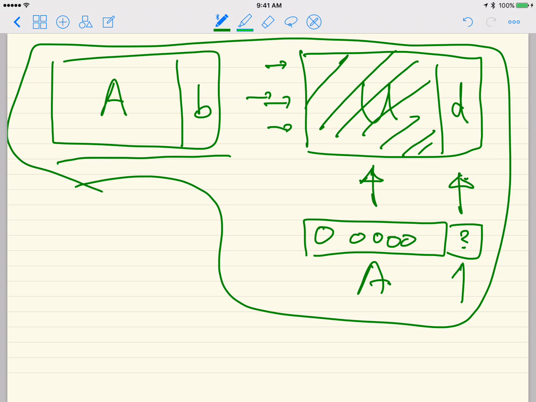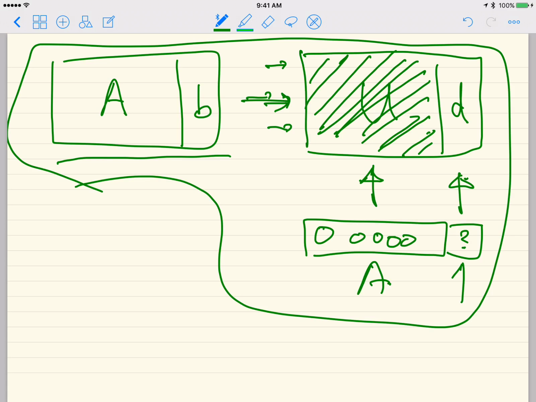So we can form this kind of augmented matrix, and then let's assume that we changed it to echelon form or reduced echelon form, and then this part corresponds to the left hand side of our equations.